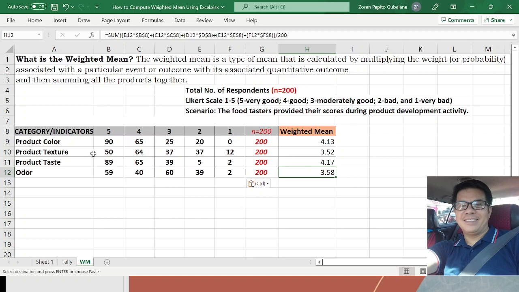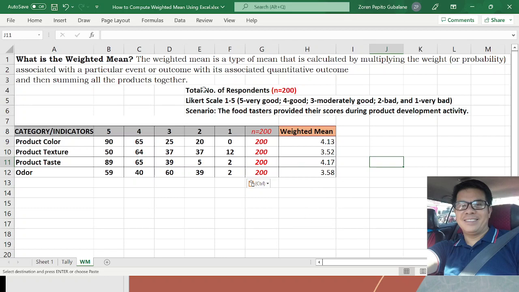For product texture, there is 3.52. For product taste, there is 4.17. And for product odor, there is 3.58. That is the result of our computation for weighted mean using Excel.